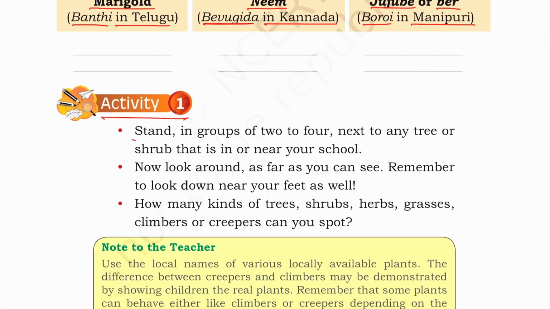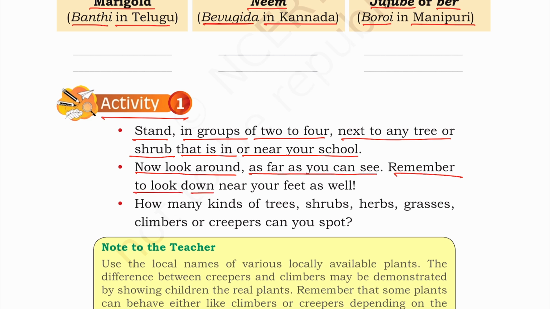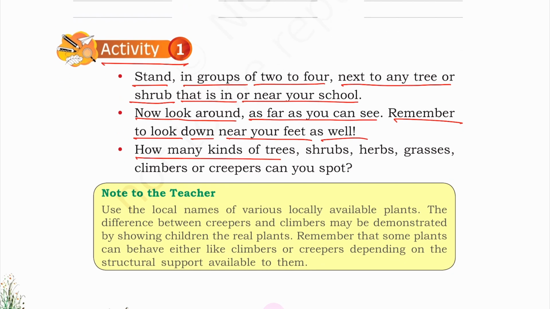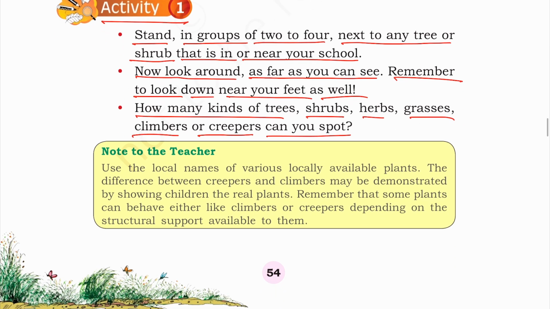Activity 1. Stand in groups of 2 or 4 next to any tree or shrub that is in or near your school. Now look around as far as you can see, and remember to look down near your feet as well. How many kinds of trees, shrubs, herbs, grasses, climbers and/or creepers can you spot?